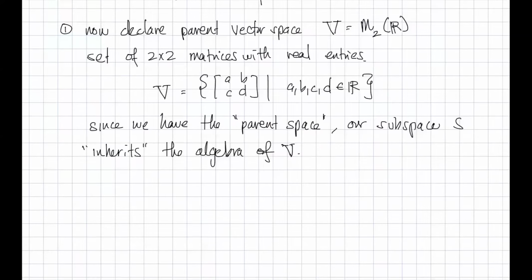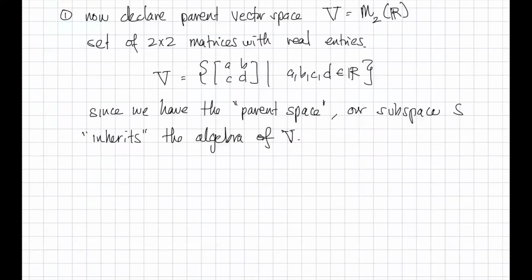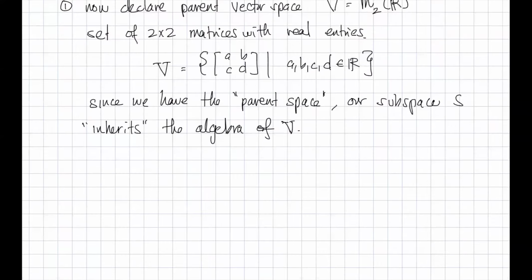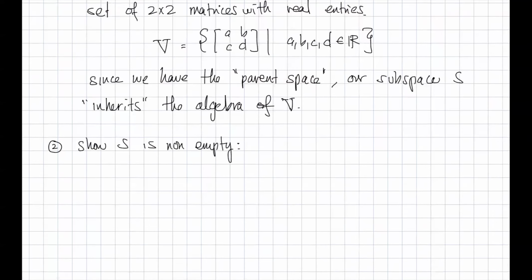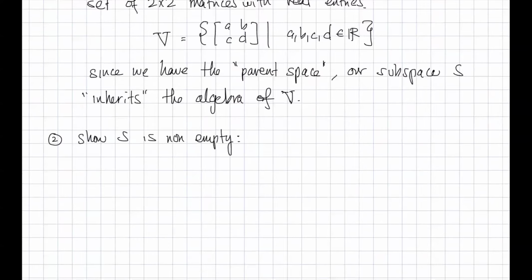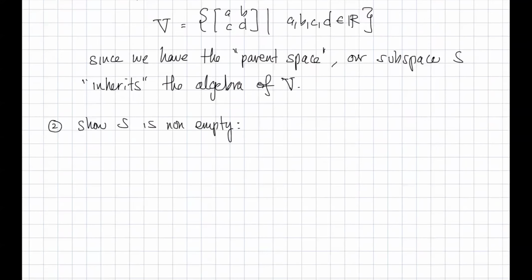So we have our parent space. The next thing would be to make sure that I have a non-empty set, to show S is non-empty. This is merely a matter of you showing me that there's at least one symmetric matrix in this space.